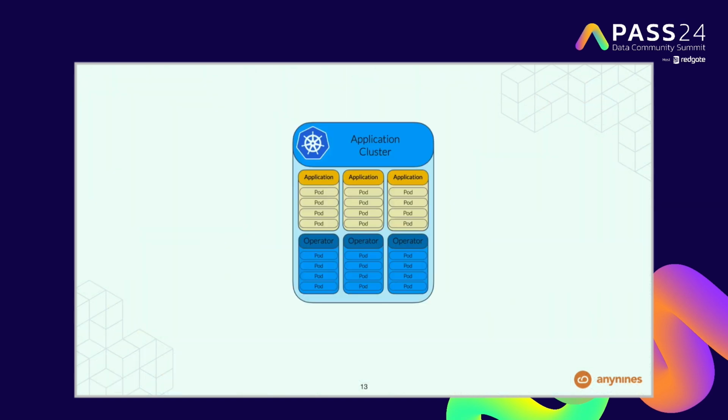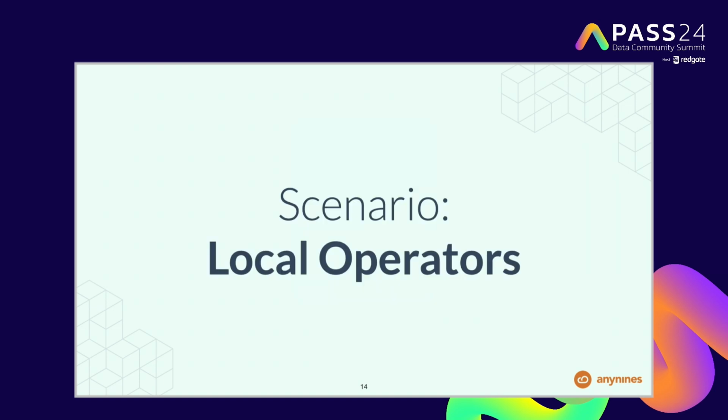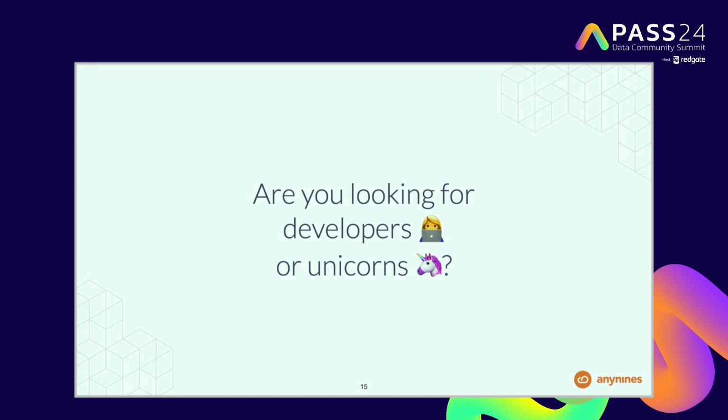And especially when talking to Kubernetes folks, and you're at a Kubernetes conference, which we are not exactly here, the first idea people say is, why not put everything on Kubernetes? Kubernetes is wonderful. Why not put everything on Kubernetes? And we've seen customers trying to do that. To me, the idea of local operators is kind of problematic, because you will end up asking yourself, are you looking for developers or unicorns?